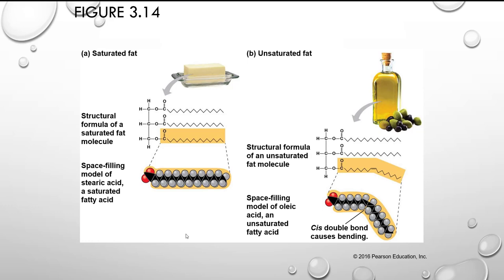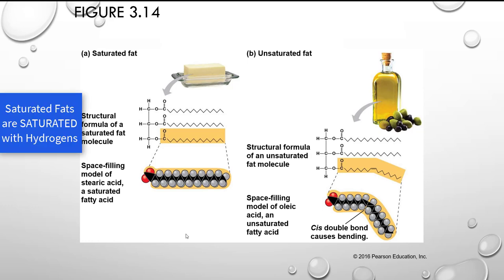Now, if we take a closer look from the video, it talked about the difference between saturated and unsaturated fats. So saturated fats and unsaturated fats are both made of glycerol with the fatty acid chains. The only real difference is how many hydrogens make up the fatty acid chains. So if it's saturated with hydrogens, like, let me go back a slide.